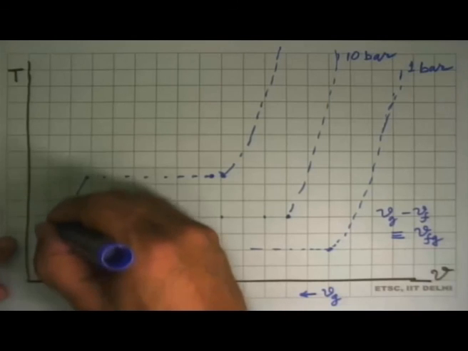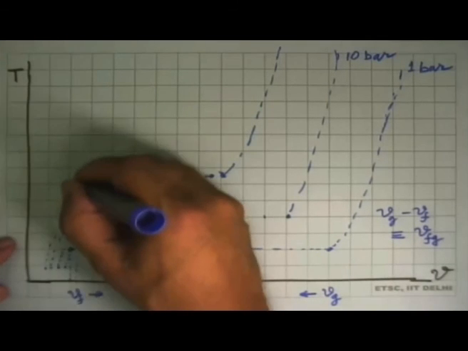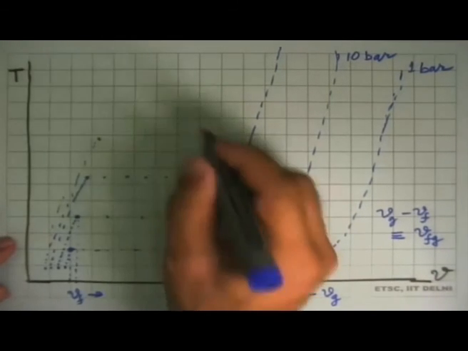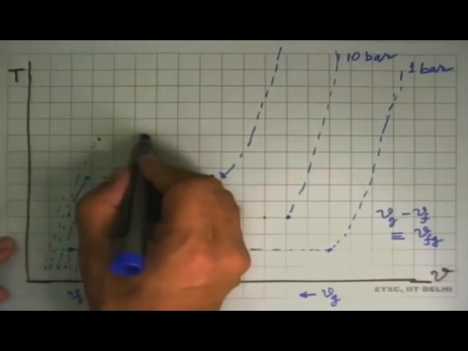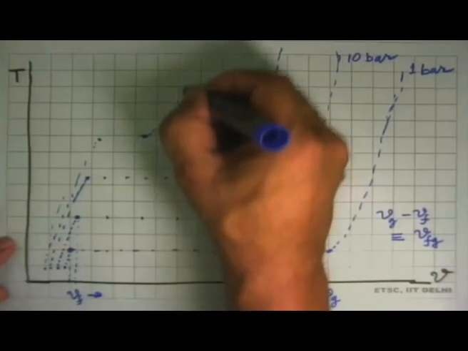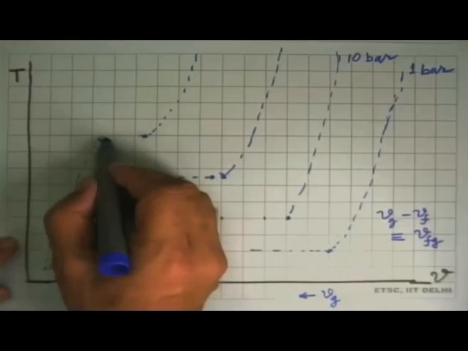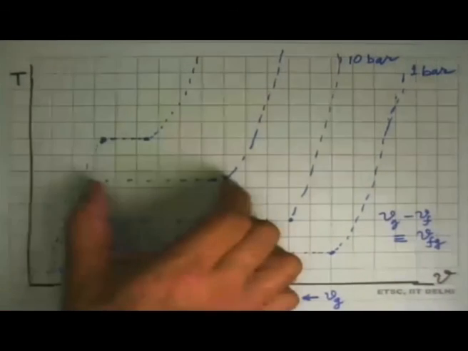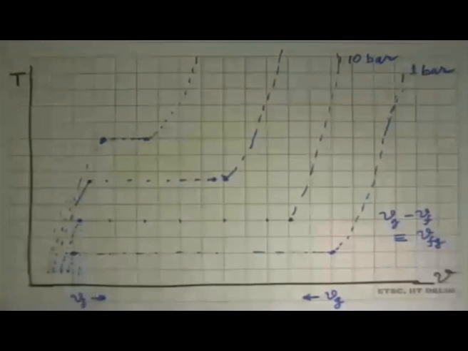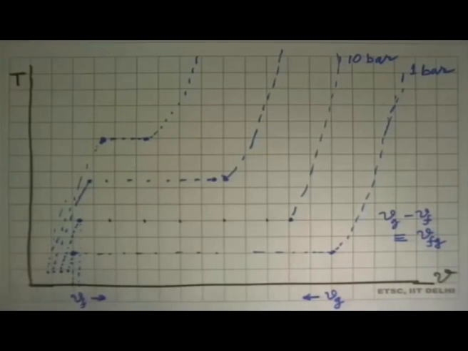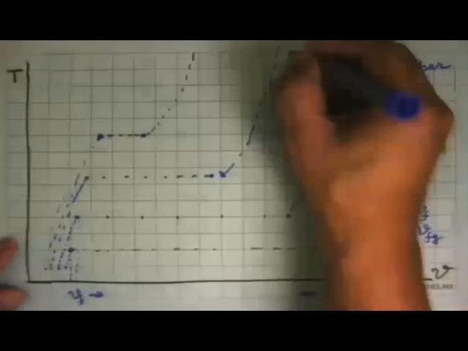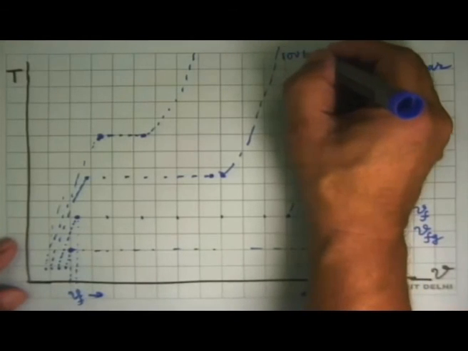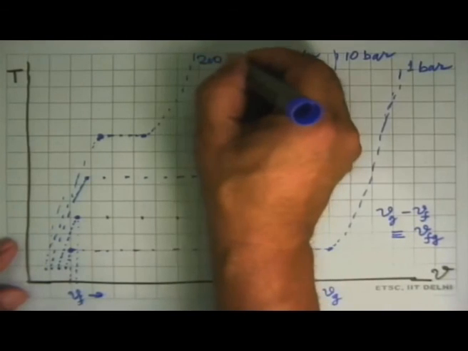At 200 bar, this will come up steeply, come up over there, and this will be here, and from here the states will go off there. So this difference in specific volumes of vapor and liquid phase keeps decreasing as the pressure increases. 10 bar, 100 bar, 200 bar.